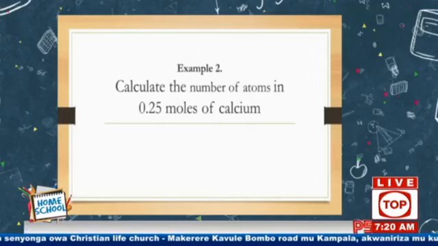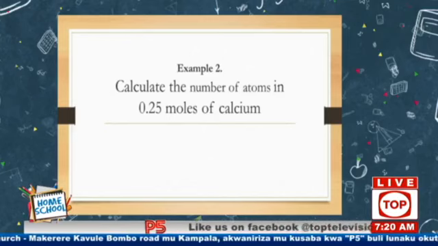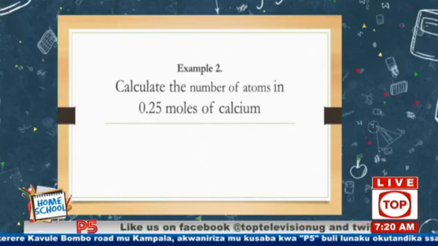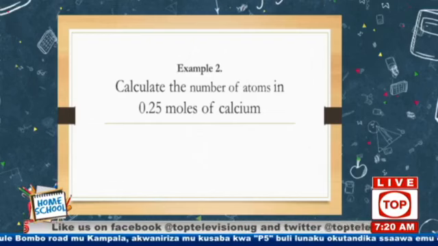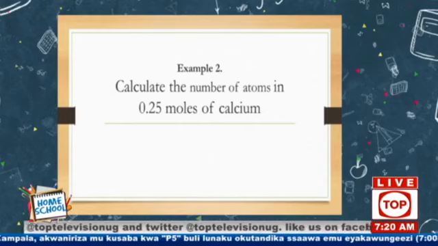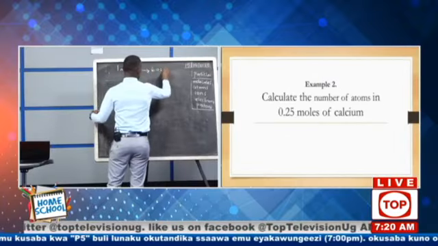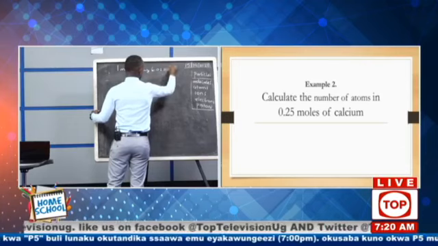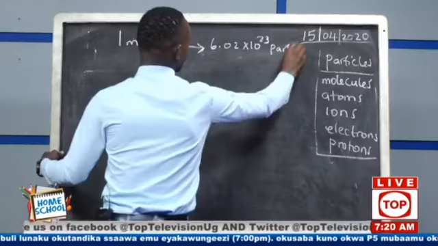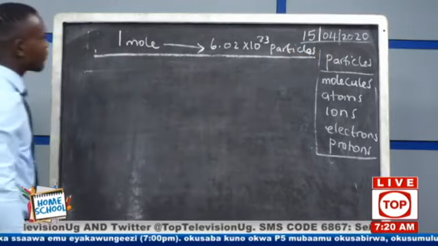We can also have another example. Calculate the number of atoms in 0.25 moles of calcium. Remember, we said 1 mole gives 6.02 times 10 power 23 particles. We shall keep picking it from there. That's what we are using.